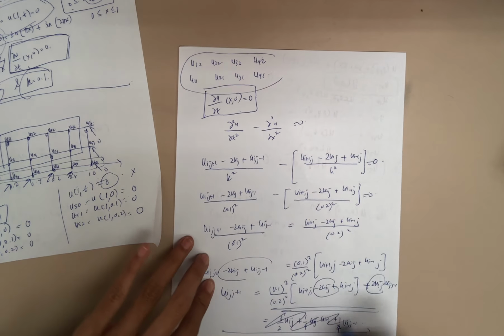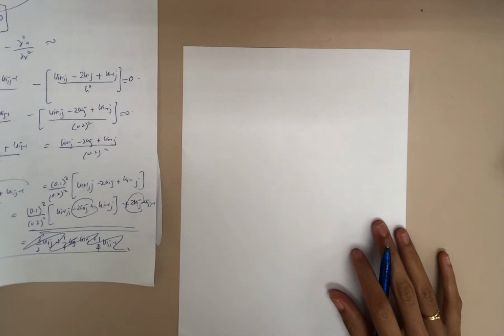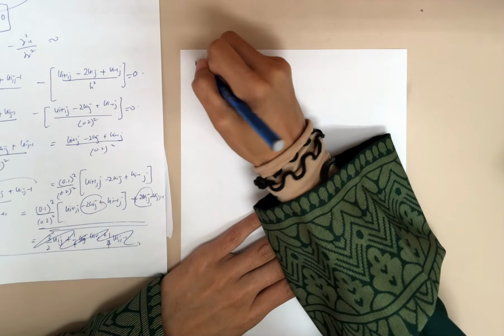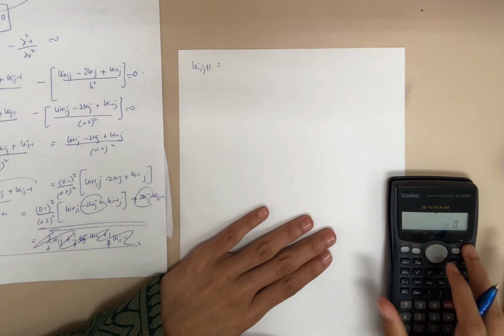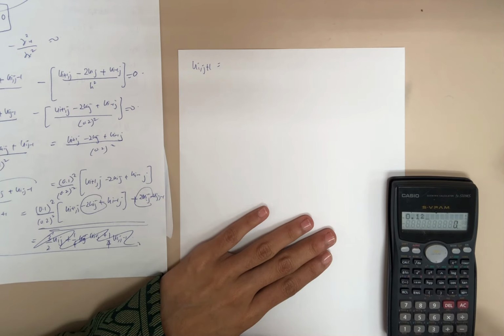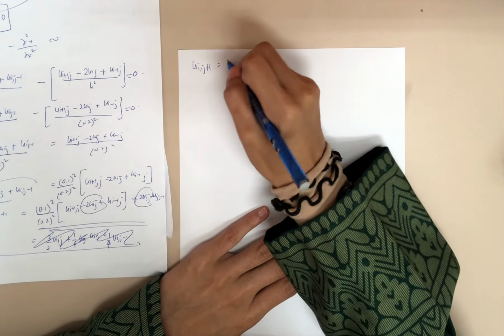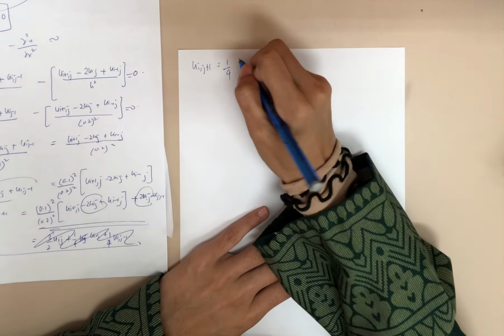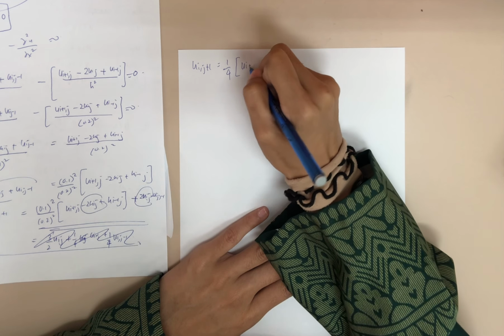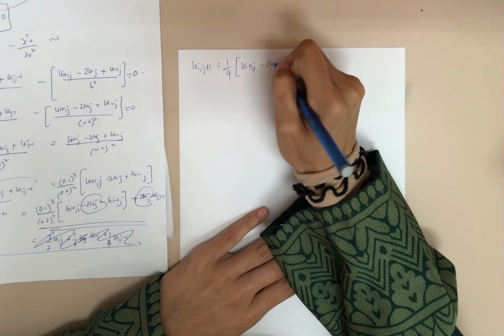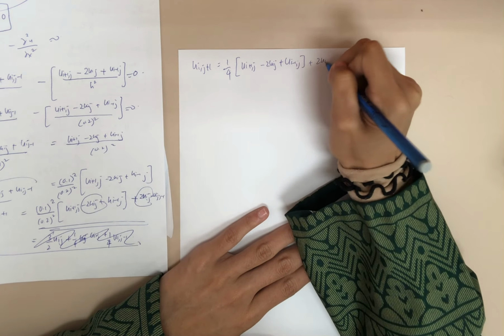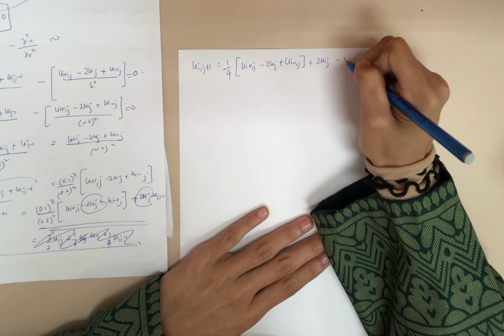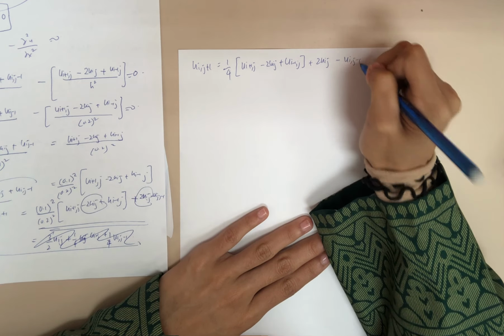I think it's better I show it, so we do it slowly. u_{i,j+1} is equal to 1 over 4, this one is 1 over 4, of u_{i+1,j} minus 2u_{i,j} plus u_{i-1,j} plus 2u_{i,j} minus u_{i,j-1}.